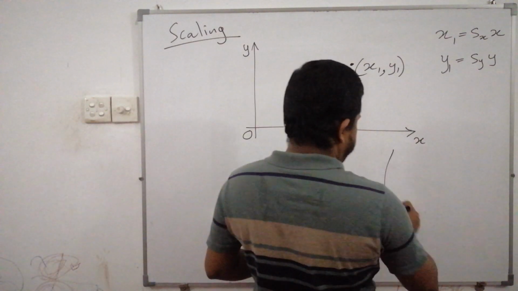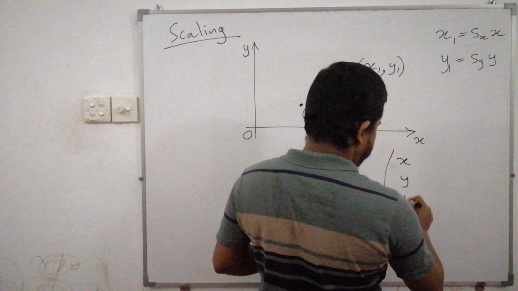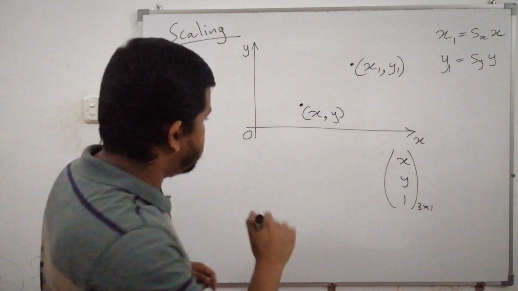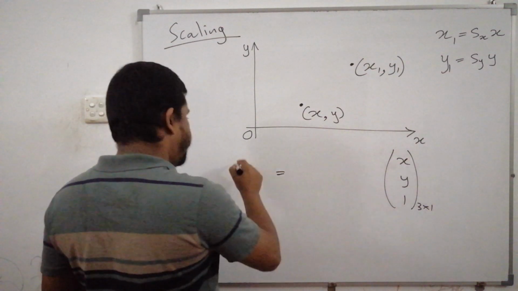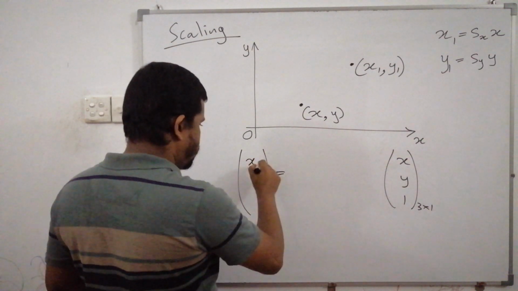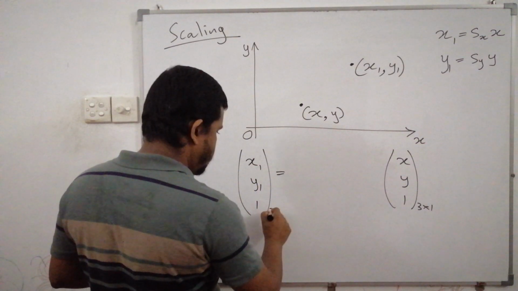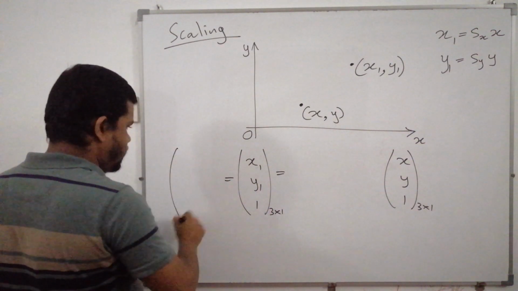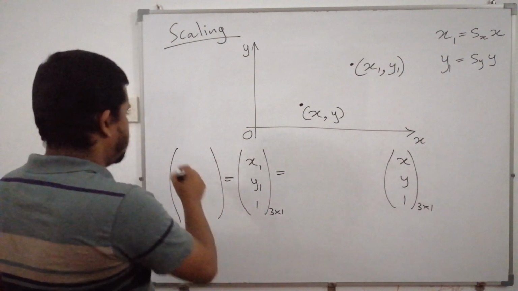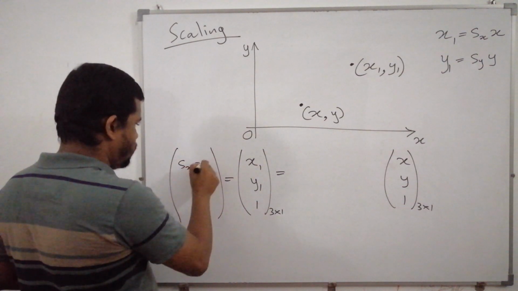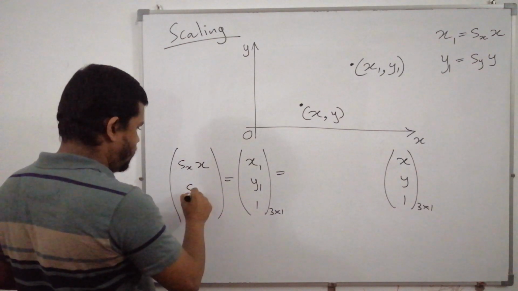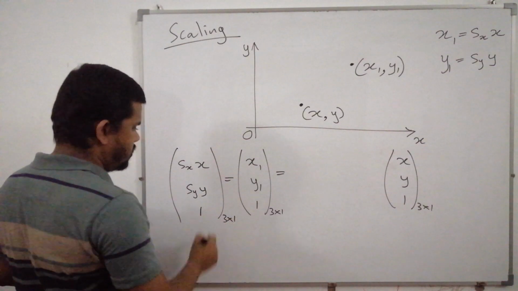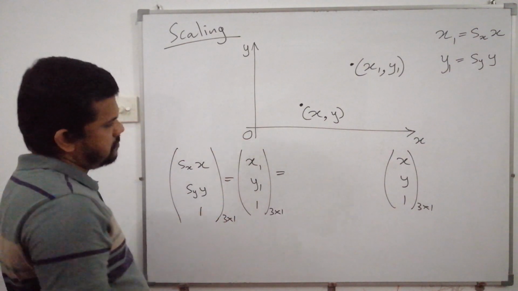So now here we have x, y, 1, a 3 cross 1 matrix. Now we have to get this one, x1, y1, 1, a 3 cross 1 matrix. So this one means sx into x, sy into y, 1, a 3 cross 1 matrix.